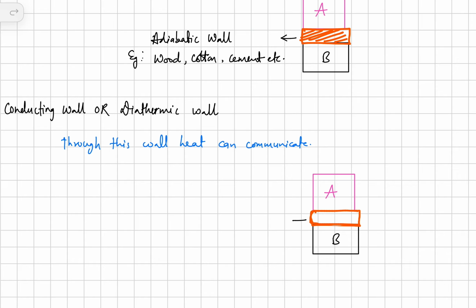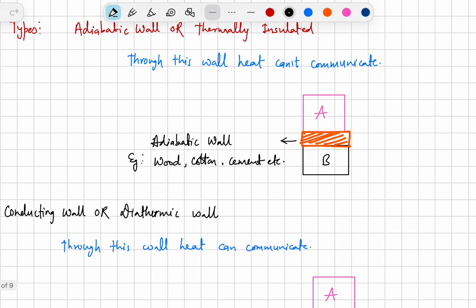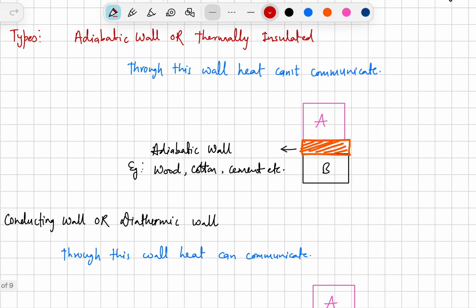But they have to write what kind of wall they have drawn. So if this is diathermic wall, for example, we can have any metal, conducting medium, suppose copper, lead or aluminium.